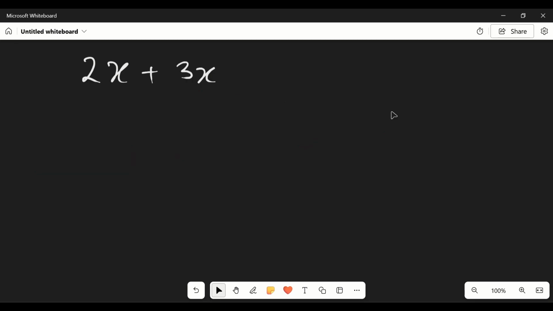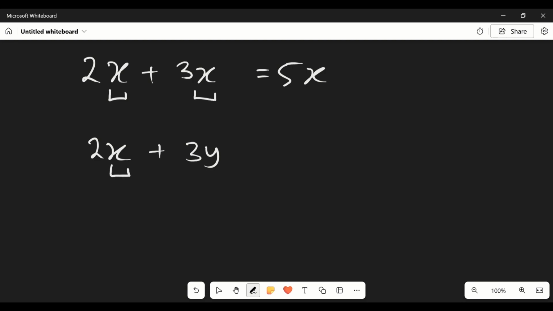You can only combine like terms. Like terms have the same variable part. For example, this equation has the same variable part, that is x, and this is x. We can combine this: 2 plus 3 equals 5, then we put x. But if you find something like this, the expression cannot be combined.